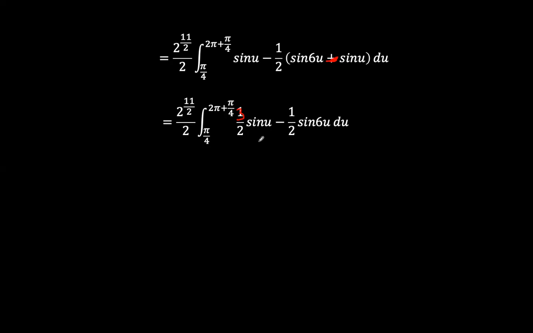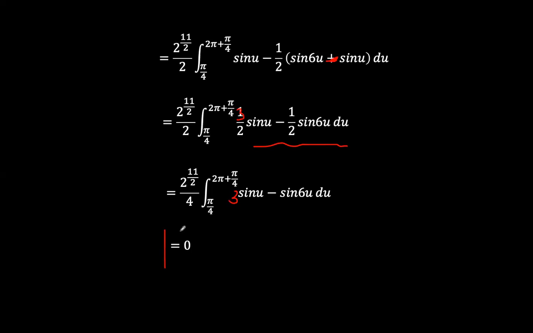But since the cosine of pi over 4 is the same as the cosine of 2 pi plus pi over 4, these values, when integrated, just become 0. So we won't have to struggle. We have the 3 here, we don't need to struggle further. We just plug in the 0 here. And that's the answer.